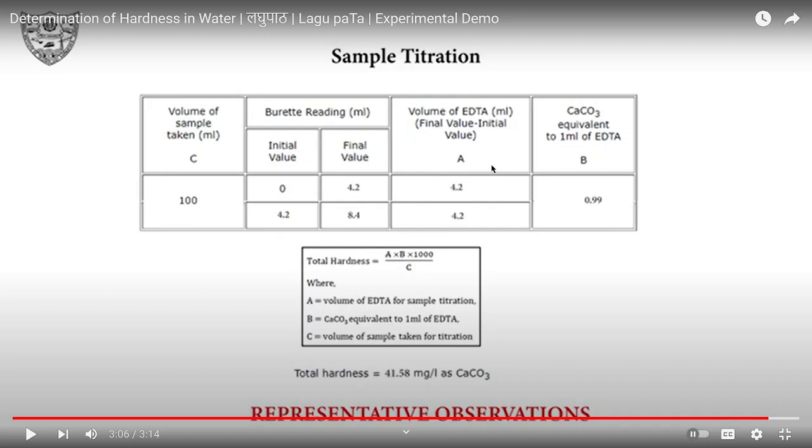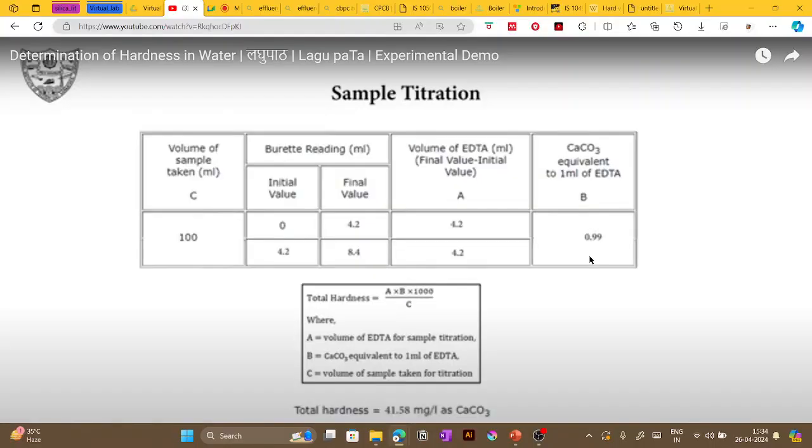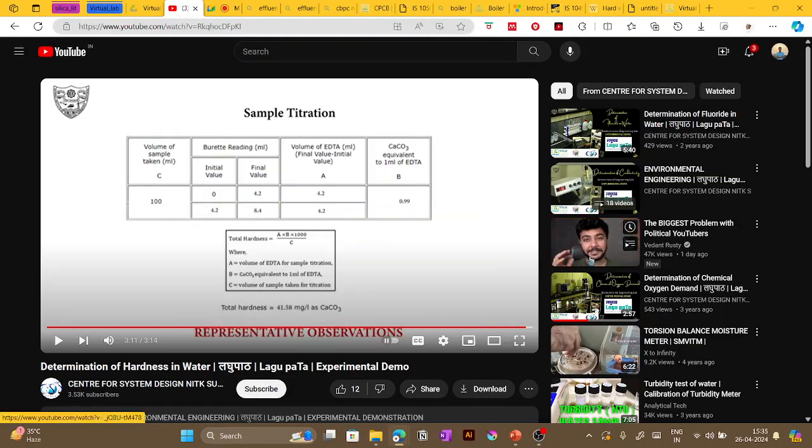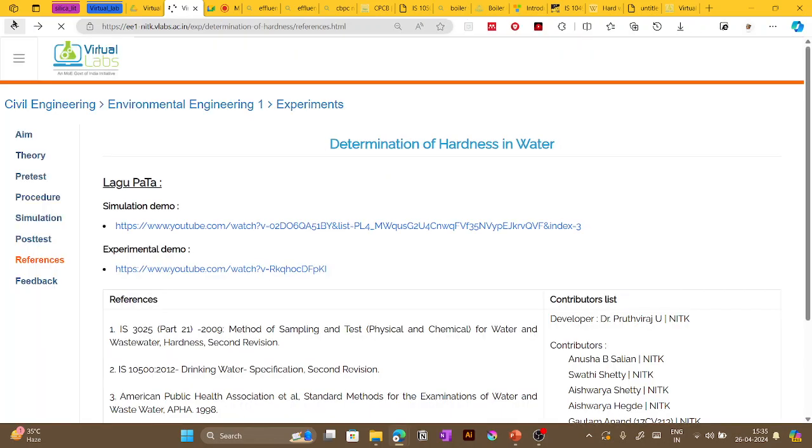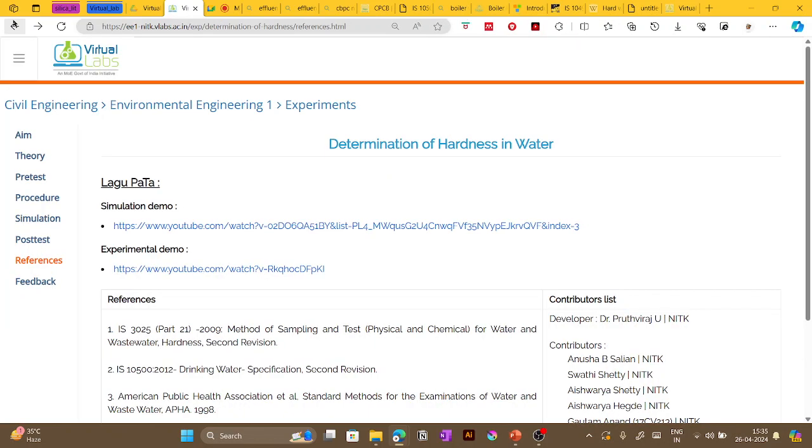So your titrant amount multiplied by this conversion ratio, divided by total volume of sample, will give you milligram per liter CaCO3 concentration. So this is how the experiment is performed and calculation is done. It is a simple titration reaction, there are no more complexities involved. Right. A simulation demo is also given here which you can follow.